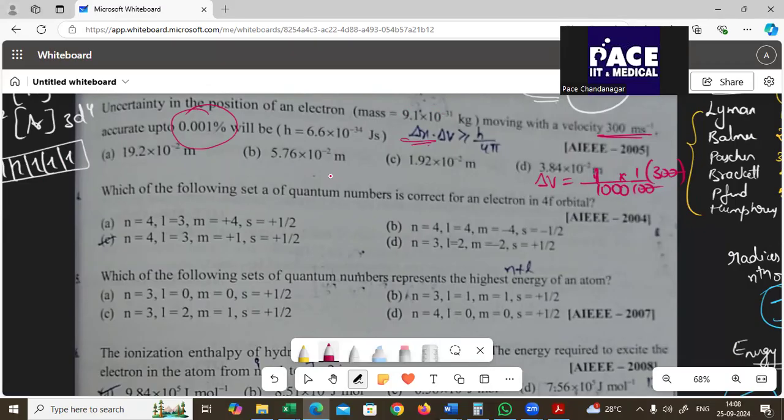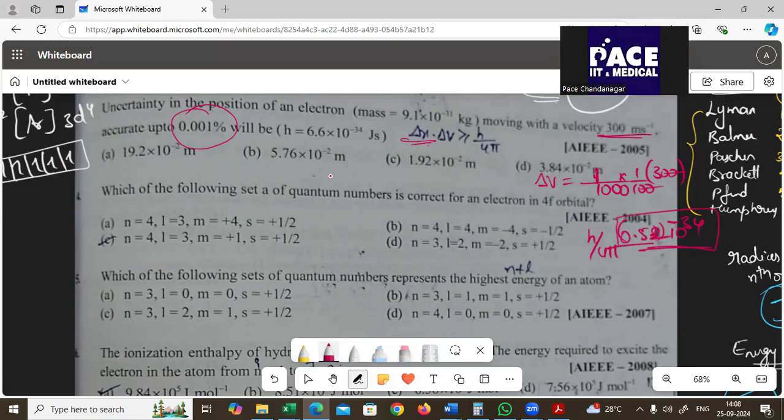As I have told you already, the h by 4 pi value is always 0.52 times 10 to the power minus 34. Please check your values there. Always be sure of those values, because you will be using them for a long time, right? This value you put and substitute, and you will get your answer there.